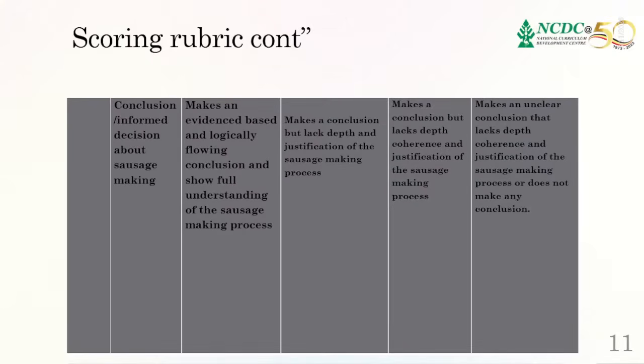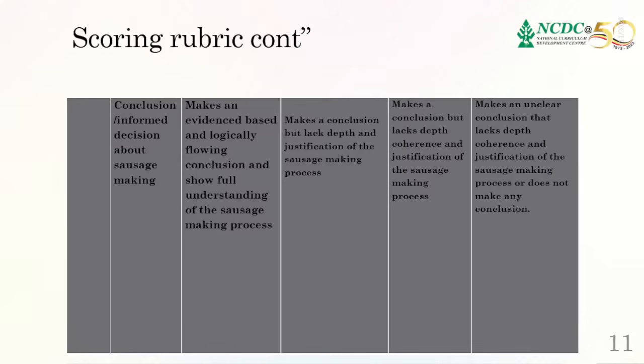Then in conclusion, we are looking at making informed decisions about sausage making. For a learner to get score 1, we see the learner makes unclear conclusions that lack depth, coherency, and justification. Score 2 is where the learner makes conclusions but lacks in-depth coherence and justification.